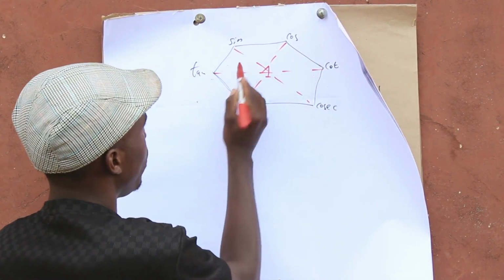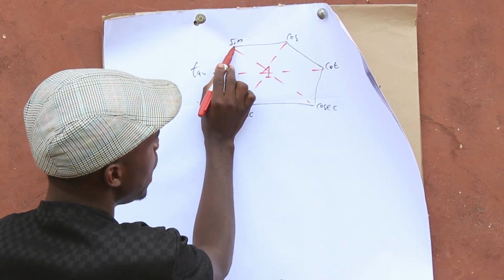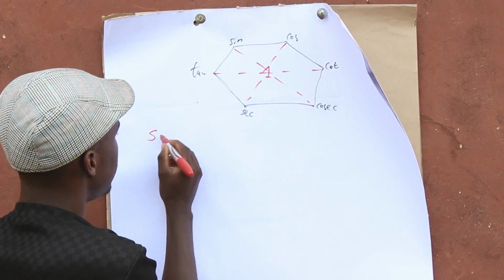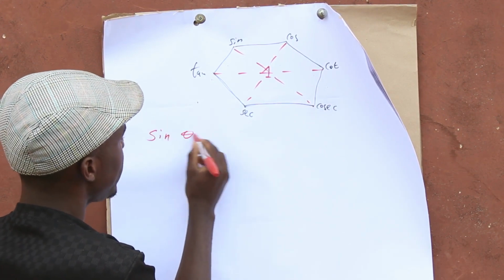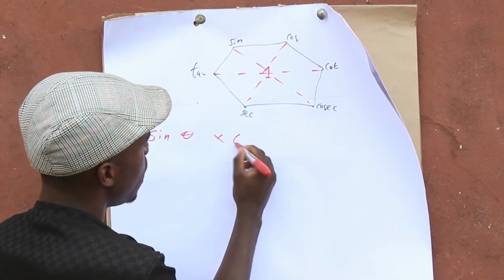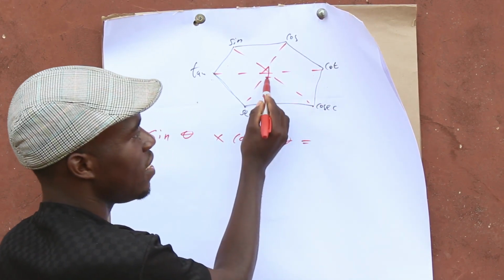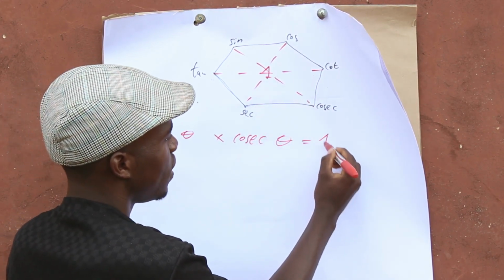So let's say you multiply sine theta by cosec theta, the answer is 1 at the middle.